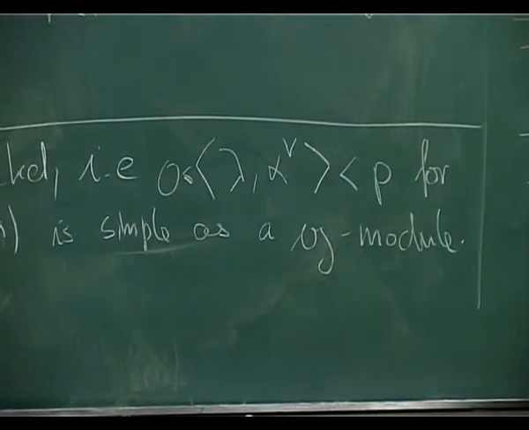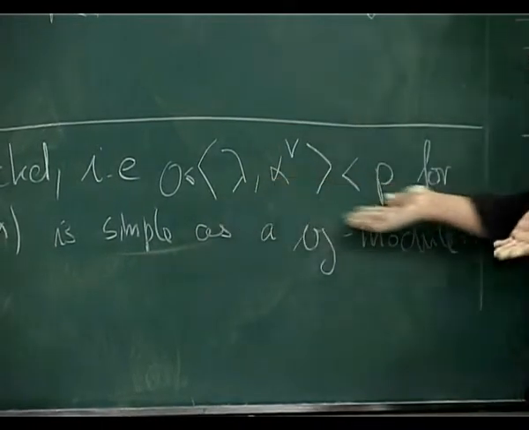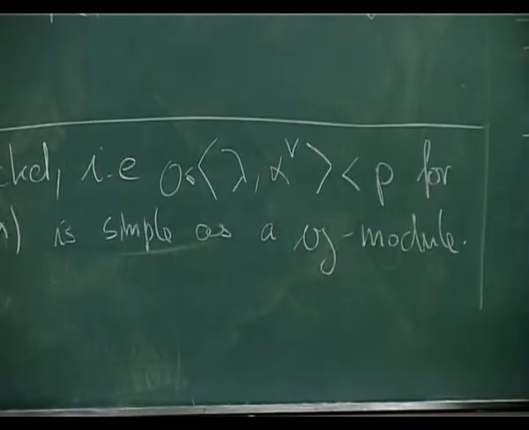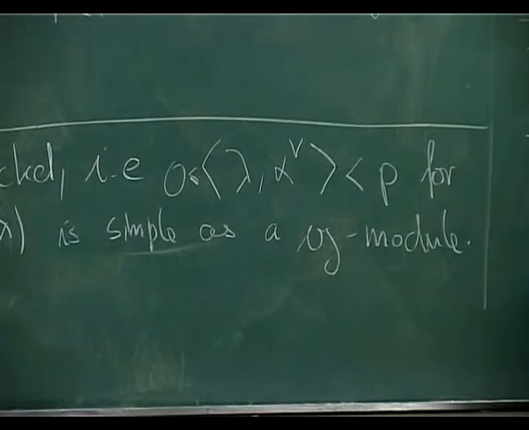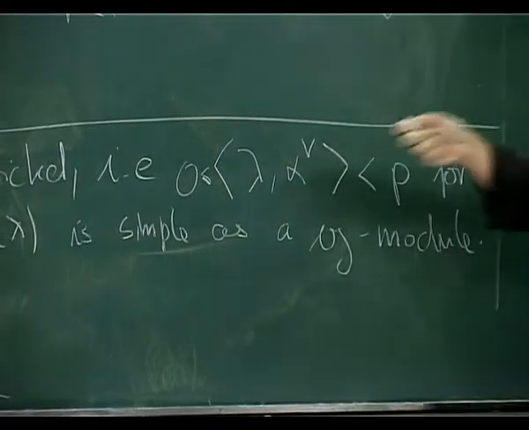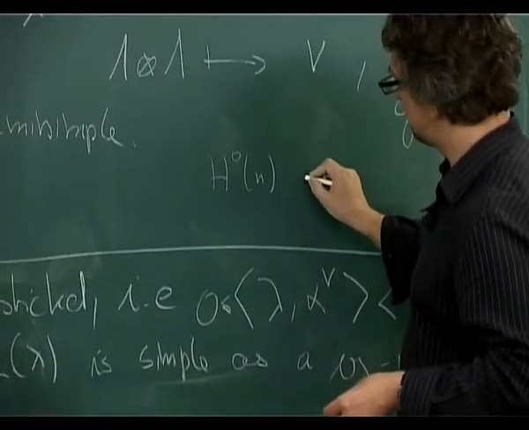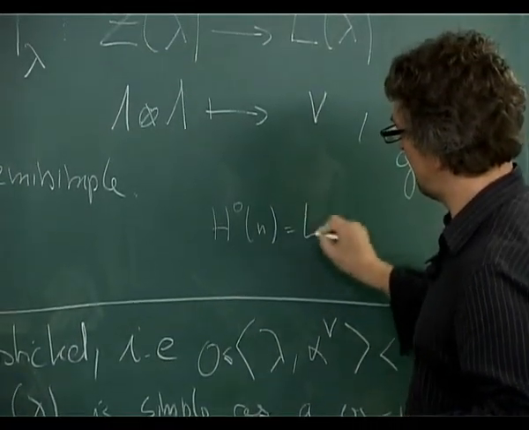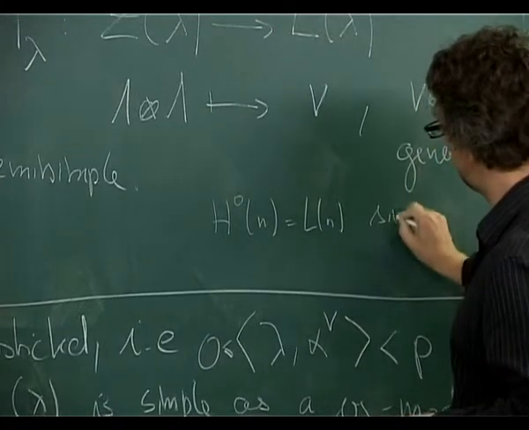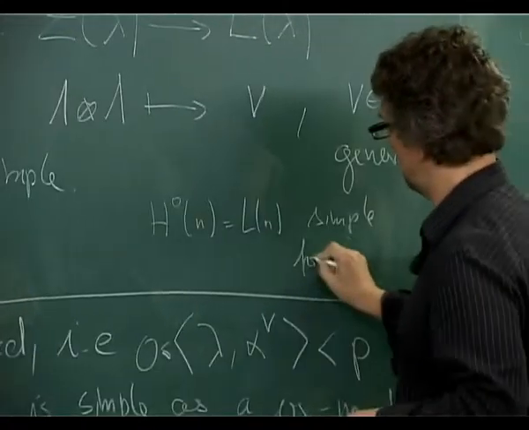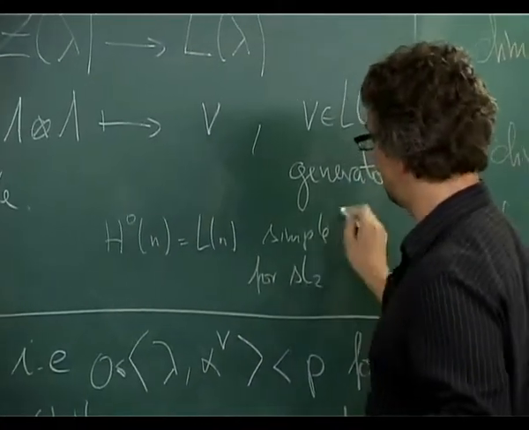So at least we know that for these weights, the simple group module stays simple when you differentiate it. We have seen that for SL2. Recall that we have seen that H0 of n is L n, and this is simple for the Lie algebra SL2.